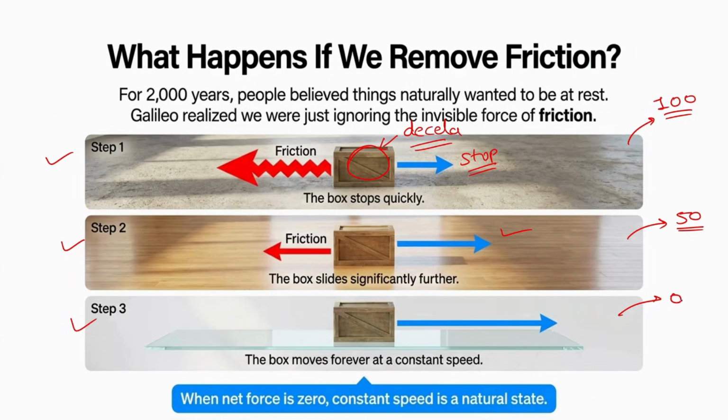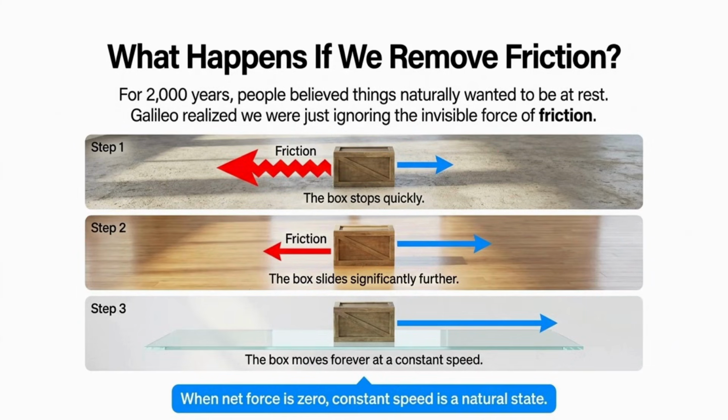In the third case, we completely remove friction. That means there is zero value of friction. In that case, the box will continue its motion with its initial velocity. There is no obstacle or force trying to stop the box.